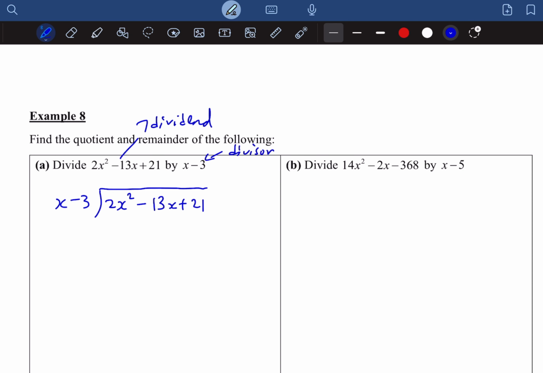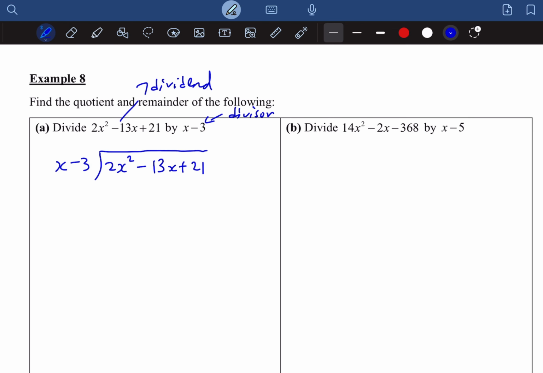If you recall, in long division for numbers our job is to slowly remove term by term. Same thing for algebraic fractions. So for this part A, our job now is to remove 2x squared first. If 2x squared is not removed, we cannot proceed to remove subsequent algebra terms.